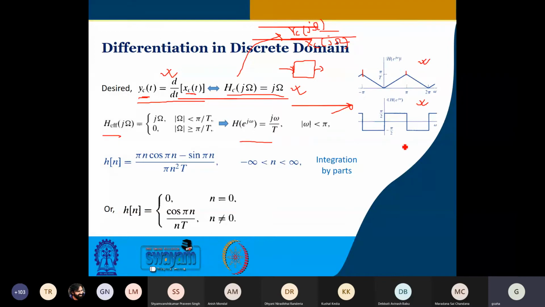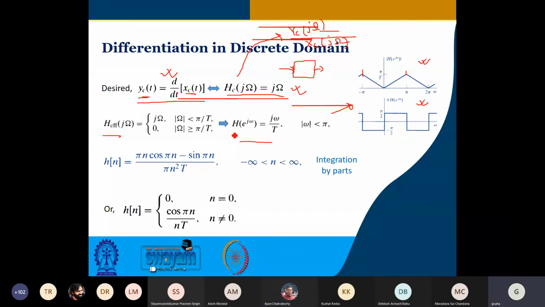Now what about this phase? Why is it like this? Can some of you tell me? This part is understood, and what is this part? The phase response, this is π/2 and this is minus π/2. What does it mean? That corresponds to the complex number j, which has plus 90 and minus 90.